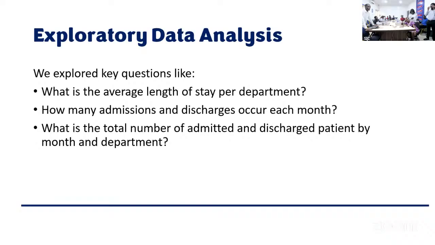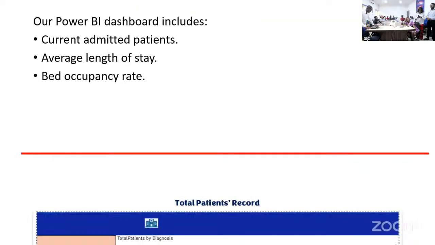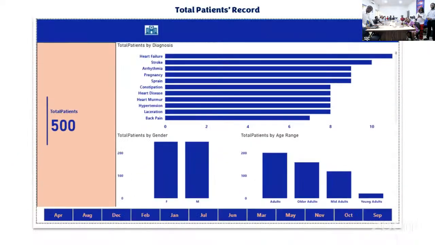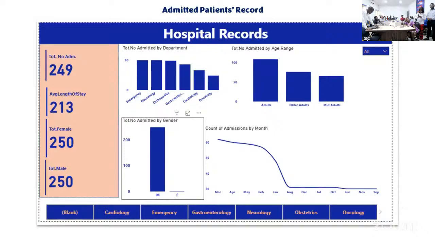Also, how many admissions and discharges occurred here? The total number of patients in the hospital report was 500, where 250 were male and 250 were female.